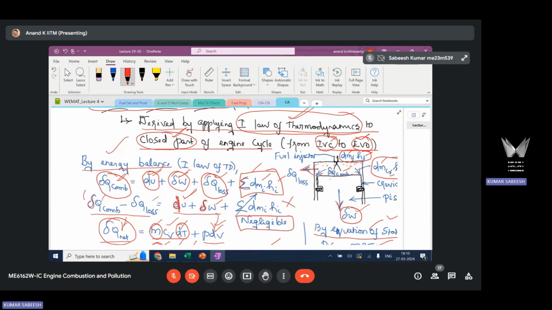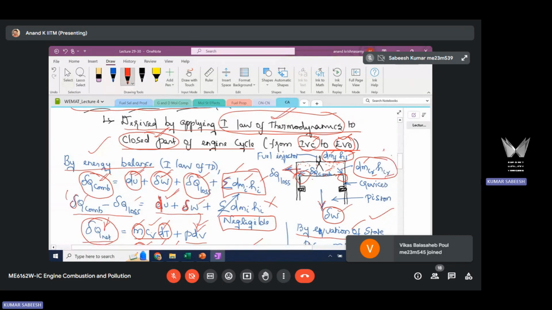Another mass flow is the mass that goes from the cylinder to the crevice region. So we already discussed this crevice. There is some mass going into the crevice and there is an associated enthalpy term for that mass, which is dm_cr, cr stands for crevice, multiplied by h with the subscript cr. h is the enthalpy of that mass that goes into the crevice. Put together, we refer to it as the summation of dm_i h_i.